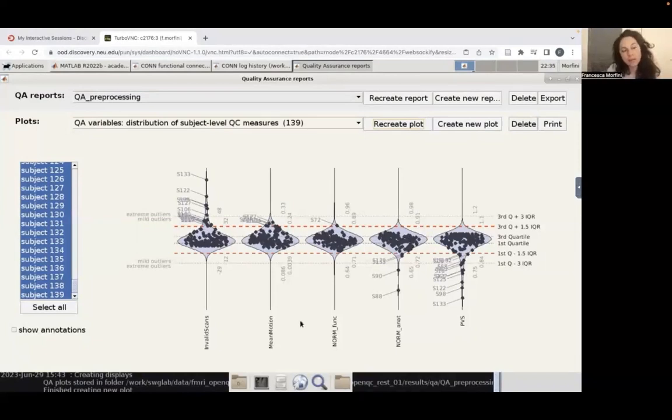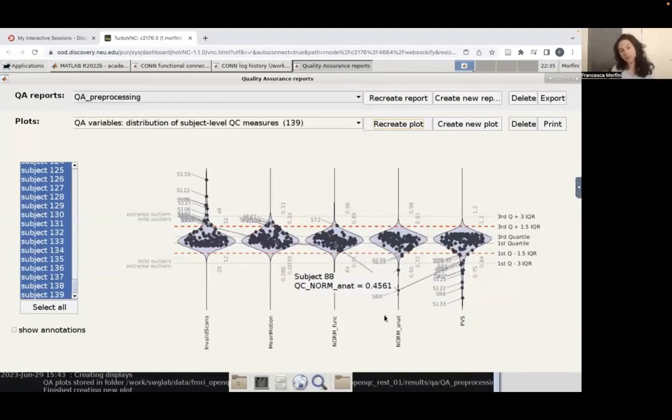And finally, norm func and norm anat measure the similarity between the functional and anatomical data after normalization as compared to the reference MNI template brain. So sort of like a spatial match with the template. And so in this case, lower values indicate a poor performance of normalization.